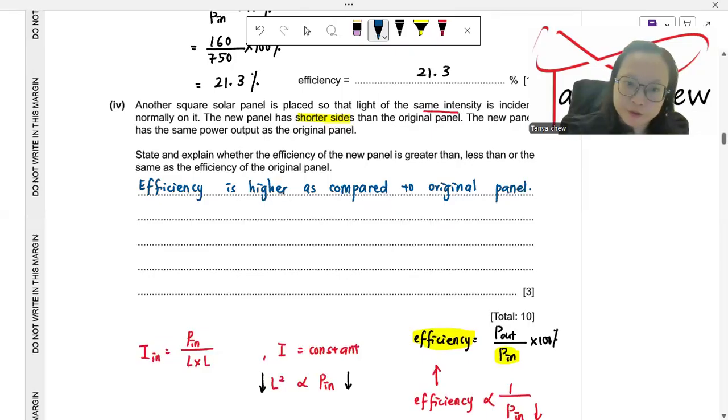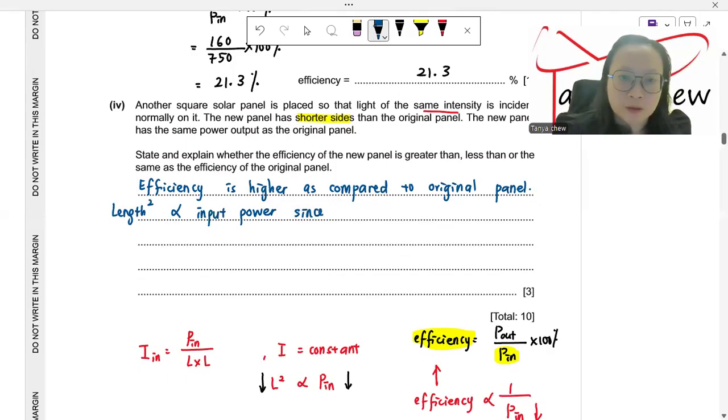Now, okay, use the equation to compare. Length square is directly proportional to input power. Okay, I just put length square here because I didn't explain the symbol. So this is length square.